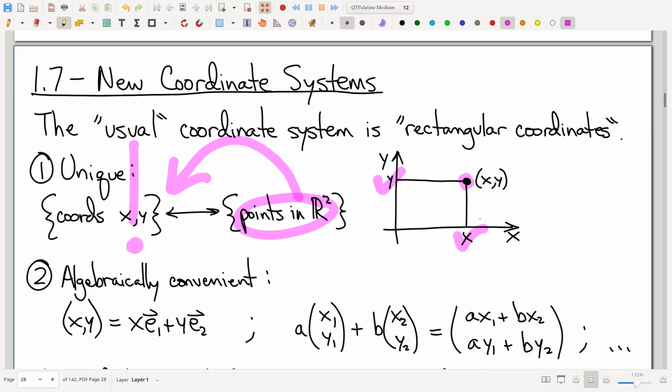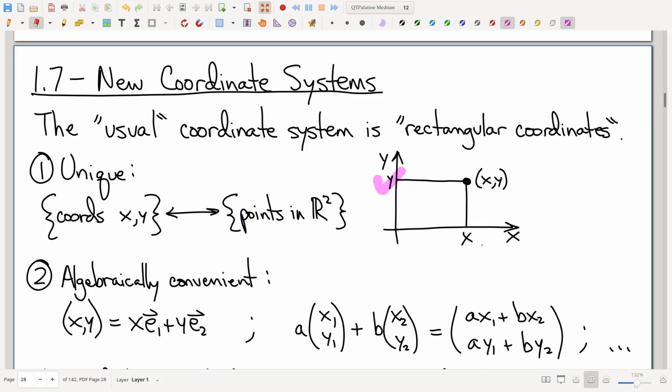It's not to be taken as obvious. This is a feature of the rectangular coordinate system. And I'm sorry to report, it is not a feature of any of the other coordinate systems we're going to use in this class. So I'm going to have to say goodbye to this seemingly obvious, taken for granted fact.